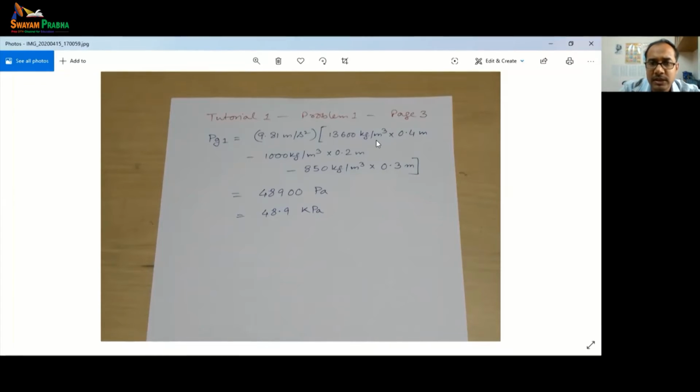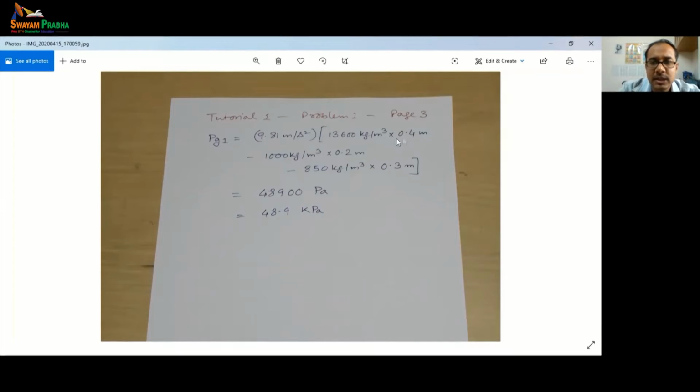Here also, for all the density terms, I did not just write the number, and this is a convention I follow all the time, so that if I make any mistake, that will be caught then and there. The units will not match, and you will not have an apple to apple addition or subtraction.